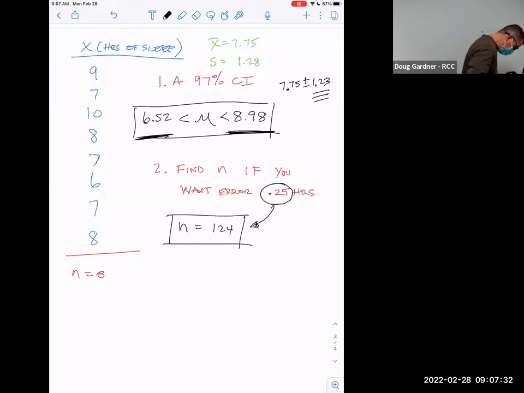I have 0.7. What's that? Oh, let's see what it's doing. Oh, sure, yeah.